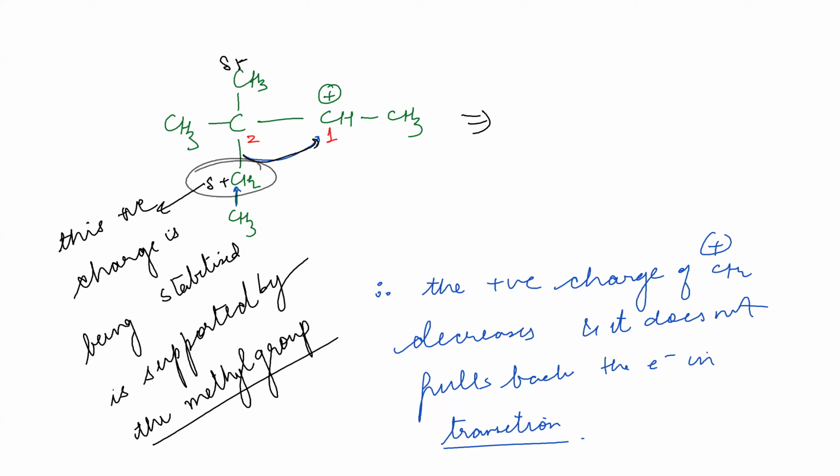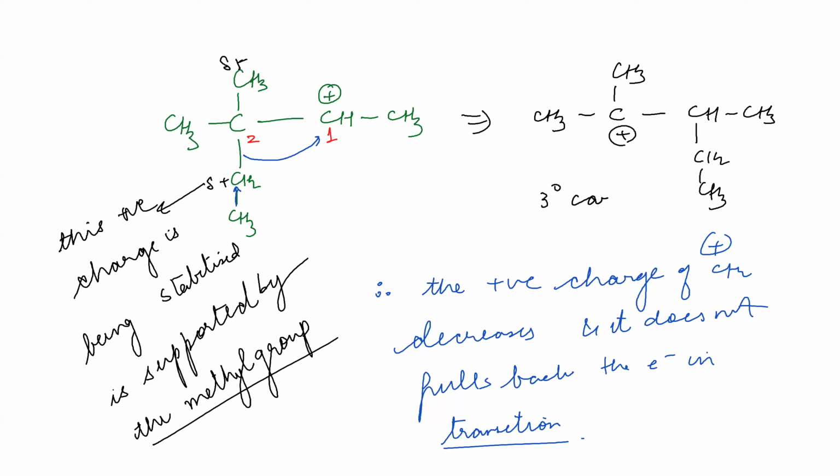Got the point? So what do you think we'll have? We'll have something like this. We'll have CH3, C, CH3, and we'll have a CH, and we'll have a CH3, and we'll have CH2, CH3 that's got shifted, and a positive charge comes here. And hence it becomes a 3-degree carbocation.